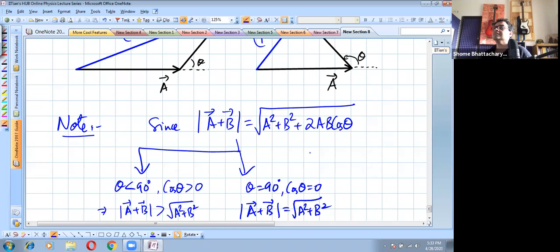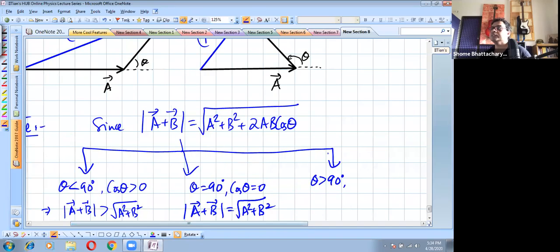And the third case is the second diagram that I have drawn above: whenever theta is obtuse, greater than 90. Remember, here I am talking about the angle between two vectors, so I am not going to the third and fourth quadrant. It can only be between 0 and 180. So for an acute angle, cos theta was positive. For an obtuse angle, cos theta is negative.